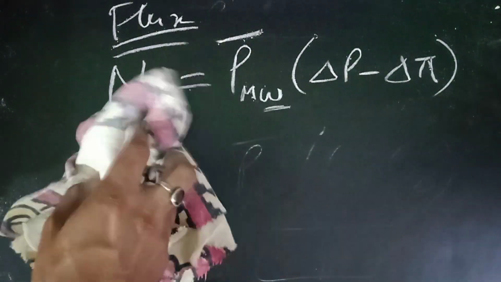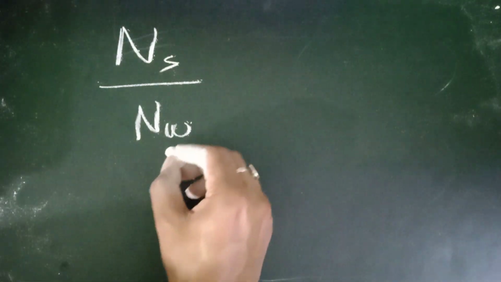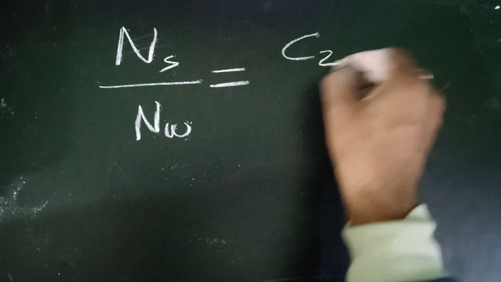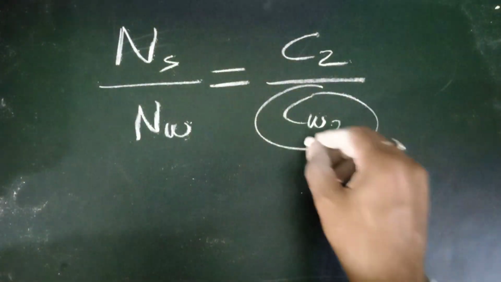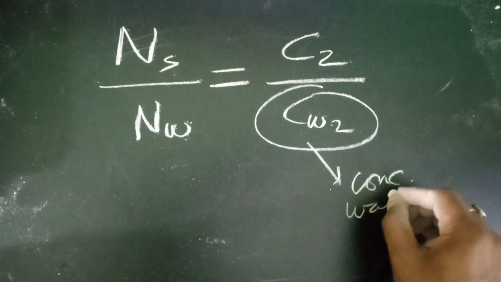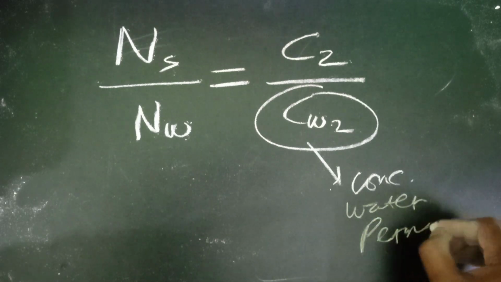So we have two fluxes here, and after rewriting them, we know one more thing: Ns, the flux of solute, divided by the flux of the water or solvent, would be in the ratio of C2 by Cw2. But what is Cw2? Cw2 is the concentration of the water in the second part, the permeate.